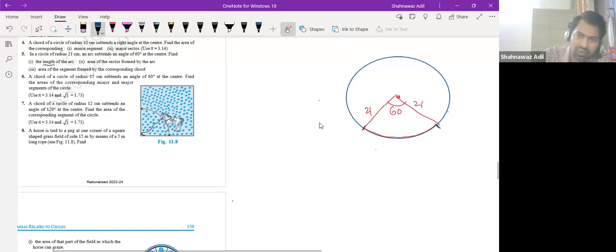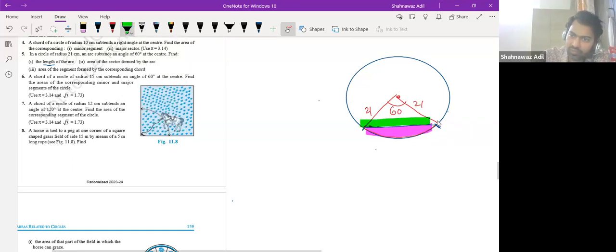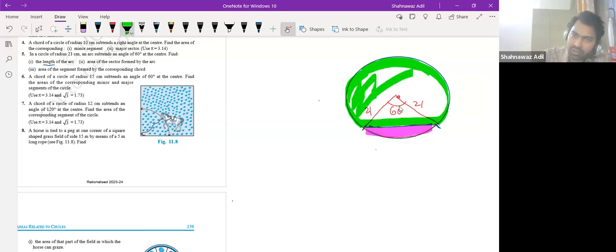So we have to find out this area, which is the minor segment, and then we have to find out this area, which is the major segment. Right, guys? Yes, sir.